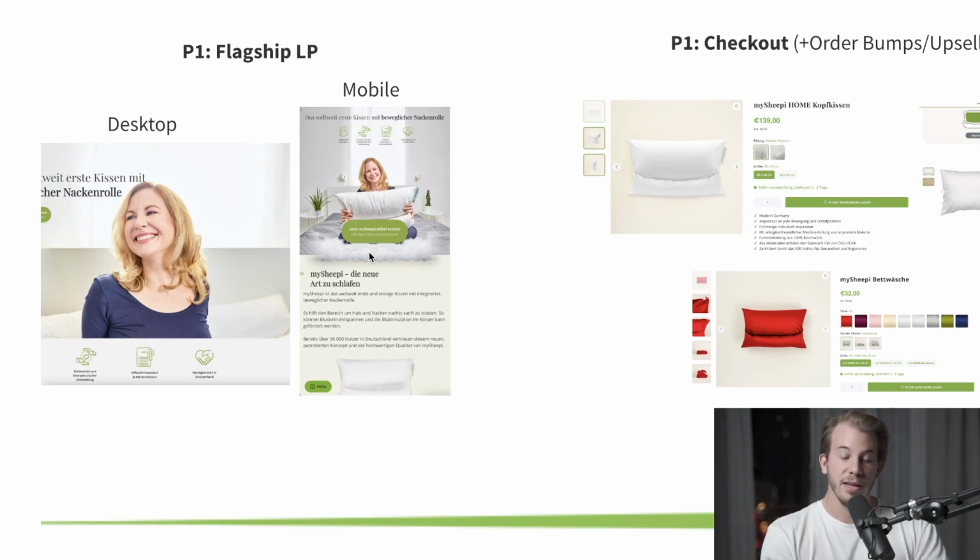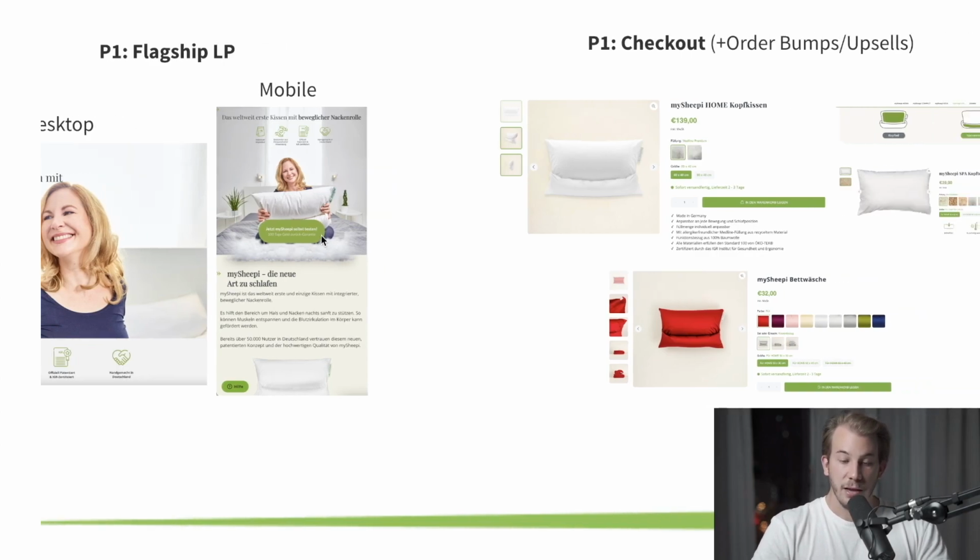They get the pillow, they get the neck roll, they get the filling, they get the cover, they get the box, they get the brochure, they get a voucher for their friend, they get all that stuff for just 139 euros. Maybe they even get a 30-day community invitation, all that stuff, pack in the value and close them on this deal.